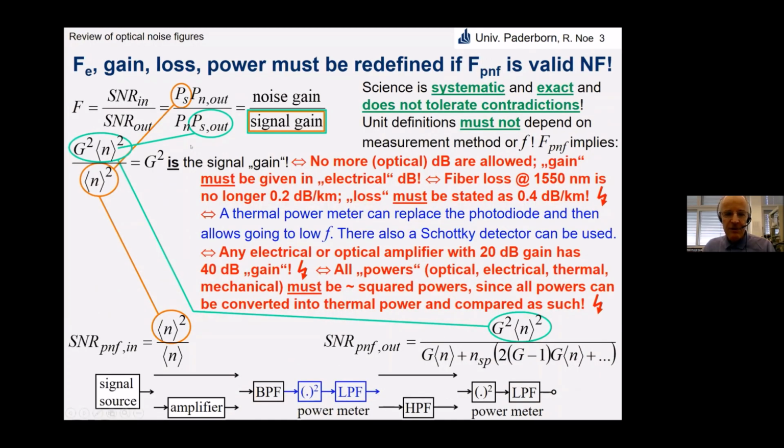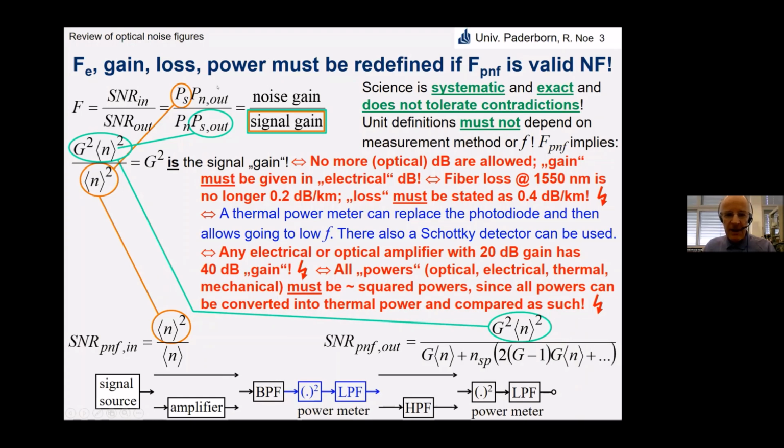The standard definition of noise figure is signal to noise ratio at the input divided by signal to noise ratio at the output. The standard definition of optical noise figure by DeSurvire, I call it here F of photon number fluctuations.